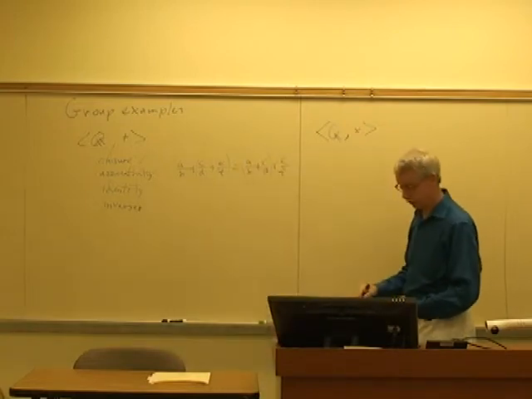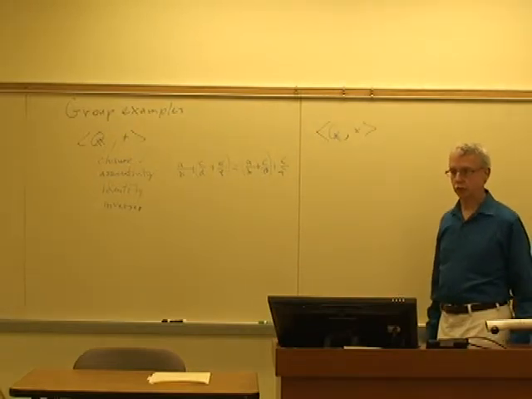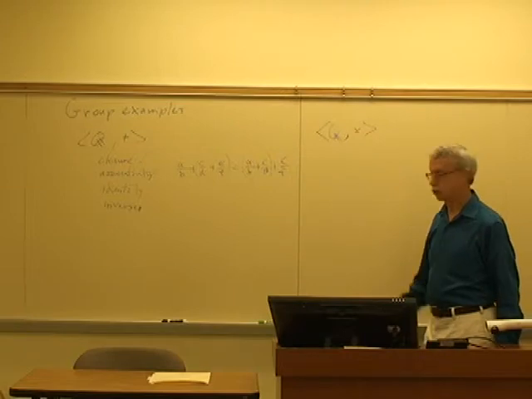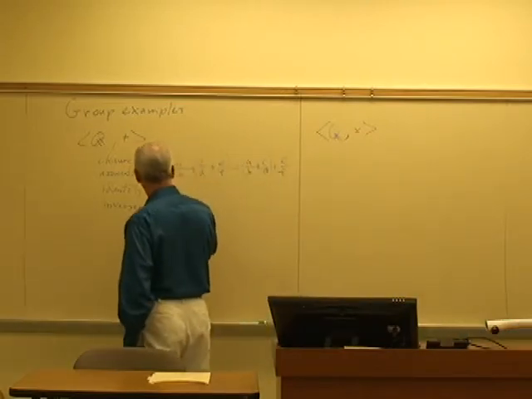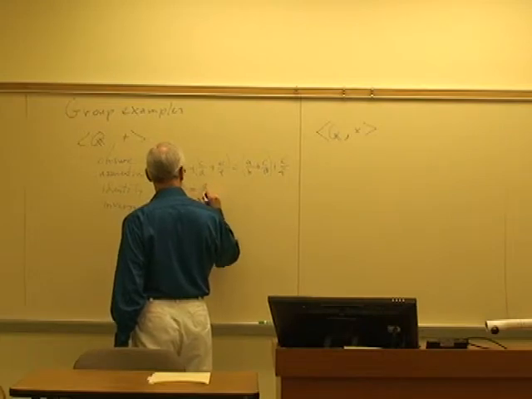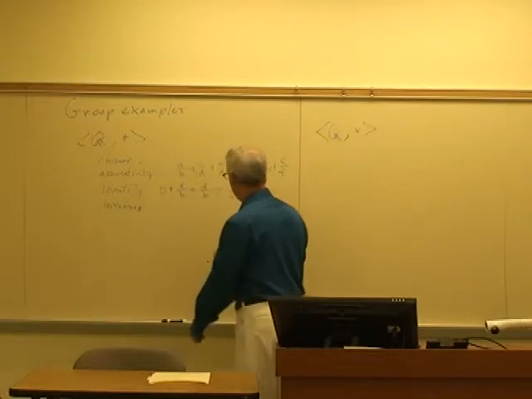That's not a hard proof. Is there an identity for rational addition? Sure, 0. Works on both sides, right?